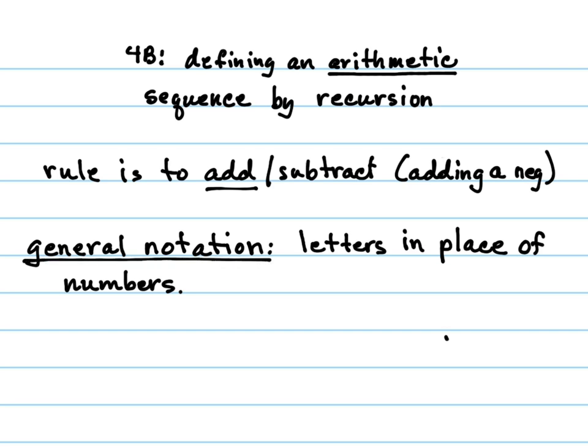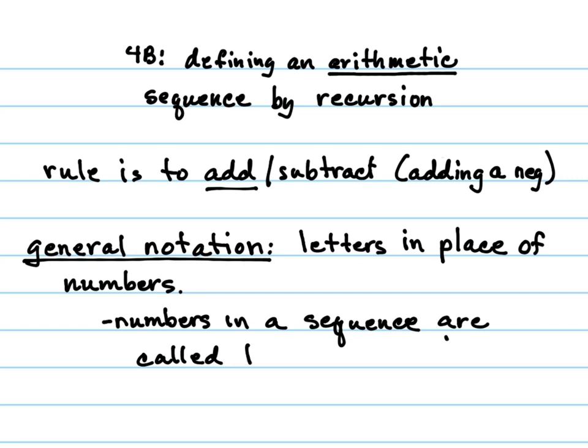Now, first of all, if you have a sequence, the numbers in the sequence are called terms. And each term can be defined by using a subscript. In other words, a little number at the bottom of a letter. So let's just take a look at that.